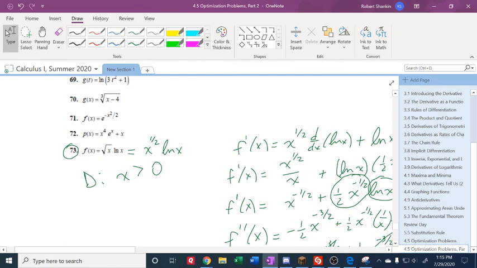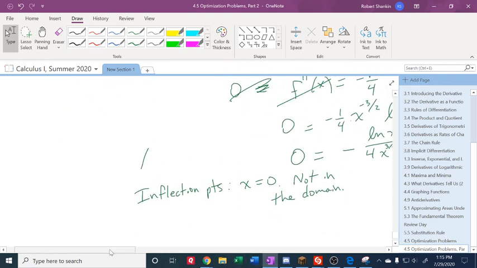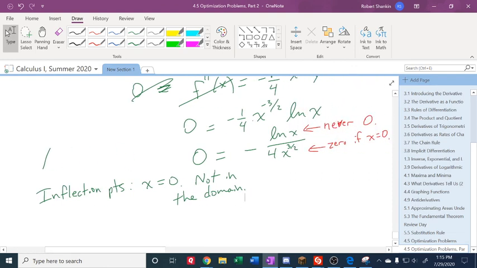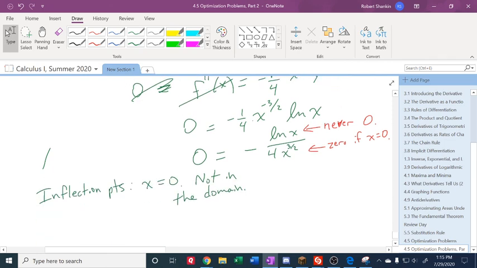So the thing is, it's going to be always concave up or always concave down. And the second derivative, if we look at it here, ln x is positive.